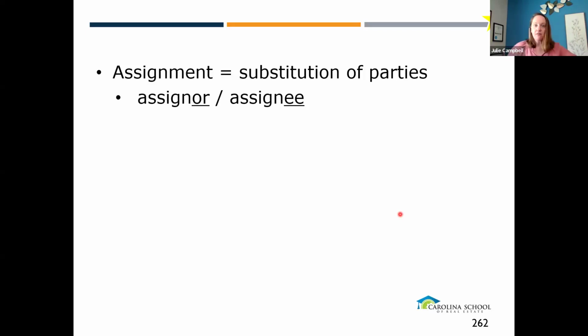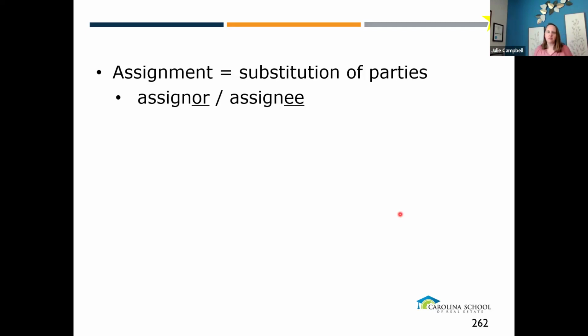The assignor is the giver of the assignment. The assignee is the receiving. There's our O-R and E again. Whether or not a contract can be assigned has to be spelled out in the contract. So whether or not a contract can be assigned, and if so, what does that look like? How does that work? That'll need to be spelled out in the contract.